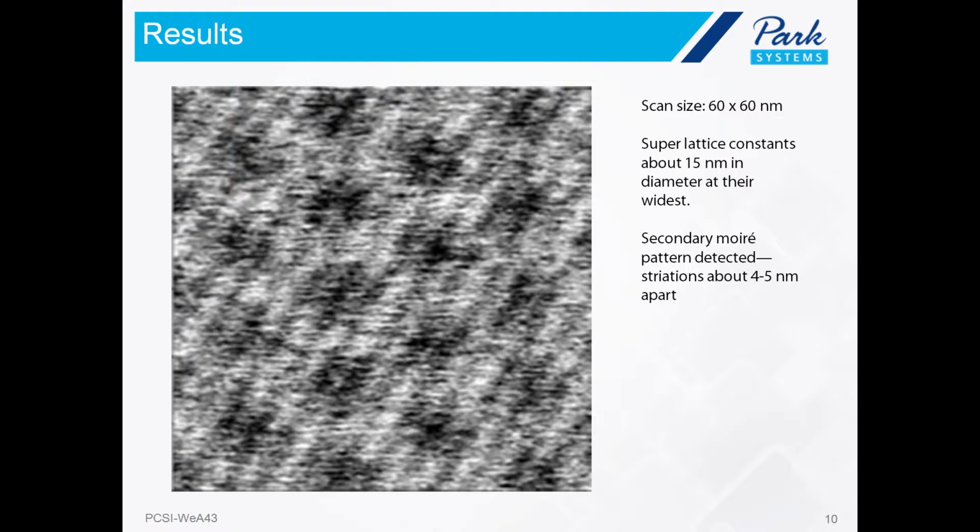But what was surprising was that as we moved in at higher and higher magnification, on the surface of the sample, we detected a secondary Moiré pattern. Here, I'm highlighting them for you, just so it's a little bit easier to see.